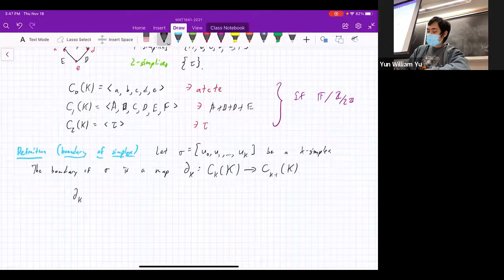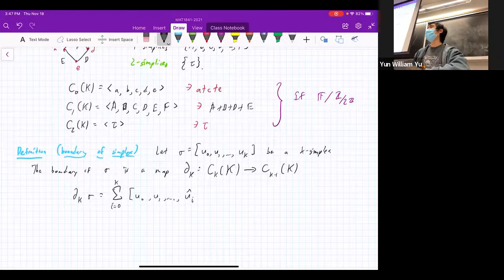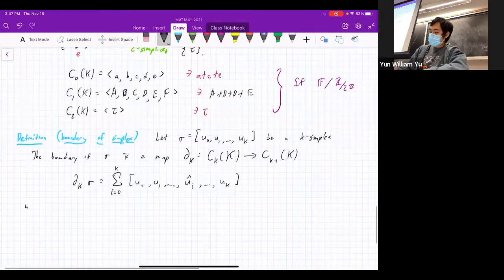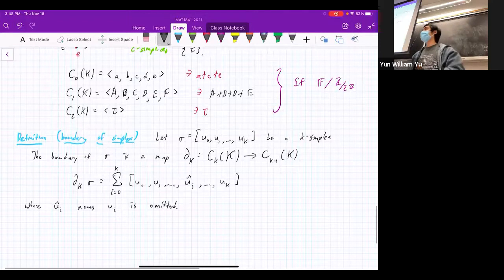So dk of sigma is going to be equal to the sum from i equals 0 to k of U0, U1, Ui hat, through Uk, where I'm going to use Ui hat to mean that Ui is omitted. Okay, so that just means that this is some sum of all the k minus 1 dimensional faces.